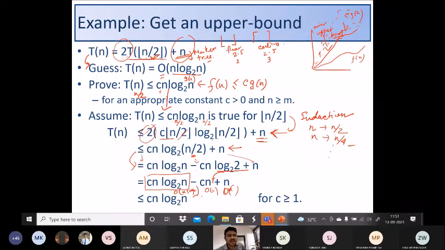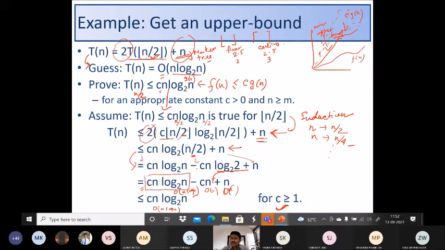So which one will we take, n log n or order of n? Obviously n log n, because n log n is larger than n. So that's why we have taken less than or equal to. It is the minimum bound; above this it can also happen. So less than or equal to n log 2n, that is order of n log n for any value of c greater than or equal to 1.